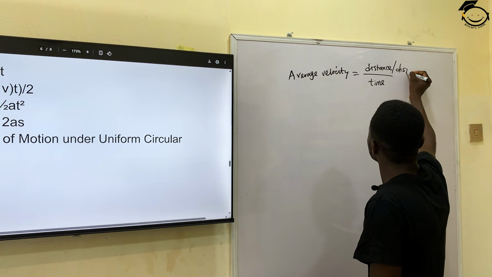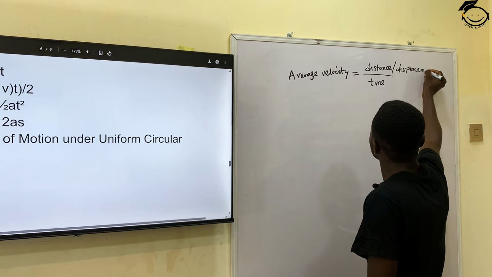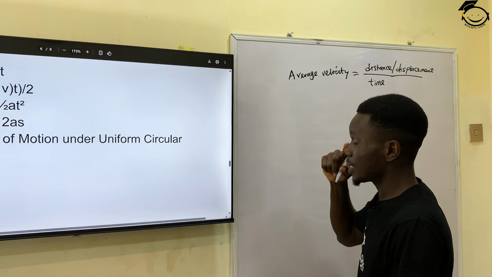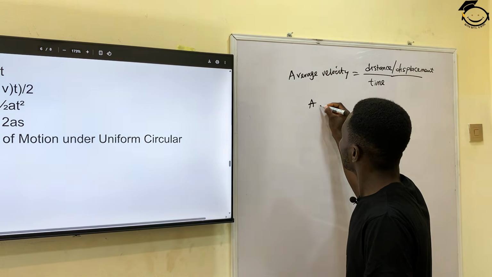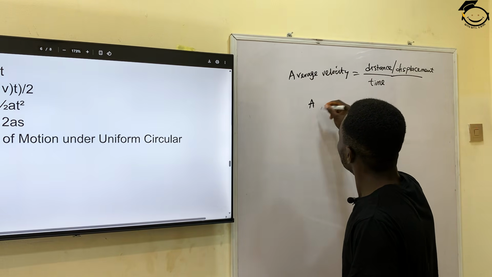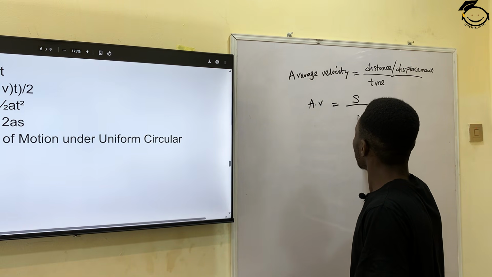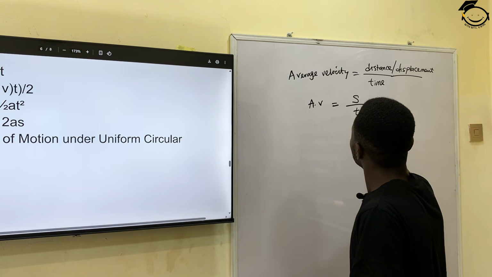You can also say this is displacement over time. So if that is the case, our average velocity is equal to distance. We represent distance with s over time.